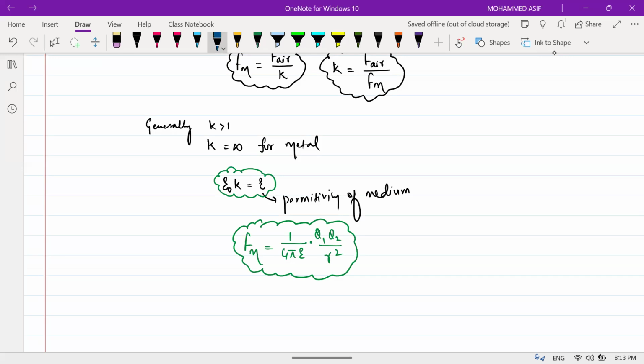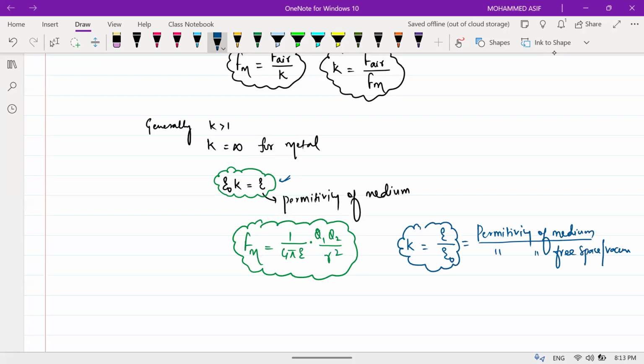That means dielectric constant K is also written, from this equation, as K is equal to epsilon divided by epsilon naught. That is, permittivity of medium divided by permittivity of free space or vacuum or air. This is also one of the formulas for your dielectric constant.